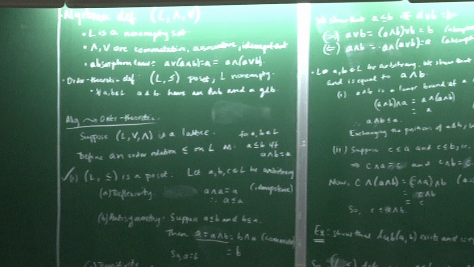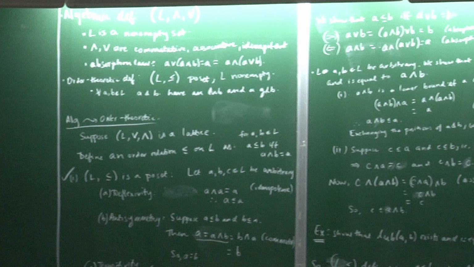One note before I start, you have seen the join and meet symbols used for both definitions, but because I'm using both of the structures here, I'm just going to use GLB and LUB for the order theoretic one to avoid confusion. We'll see that the concepts are the same at the end. But while doing the proof, of course, we can't use the same symbols for both.